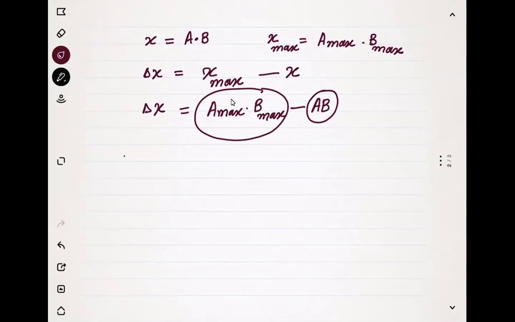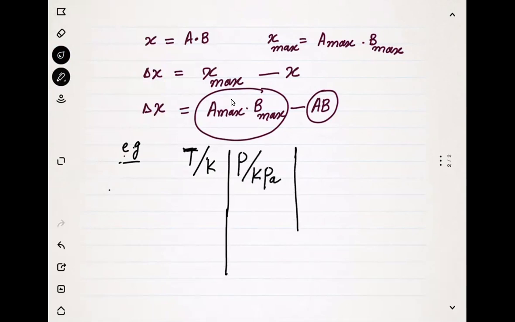Some examples of tables could be, for example, you have temperature in Kelvin, pressure in kilopascal, and you're supposed to write P square in 10 power 6 Pascal square.